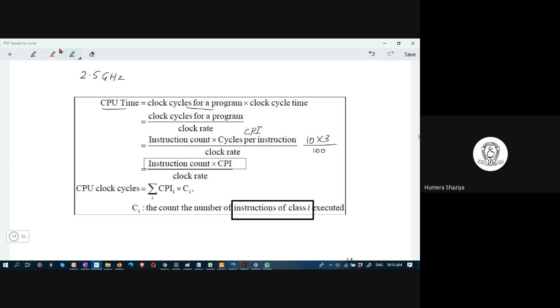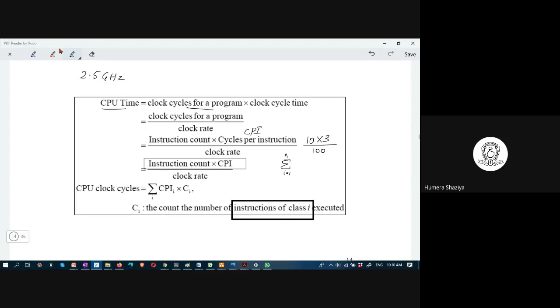This summation is for 10 instructions. Let us take this total number of instructions. You can put this as sigma i equals 1 to n, where n here in this case would be 10.